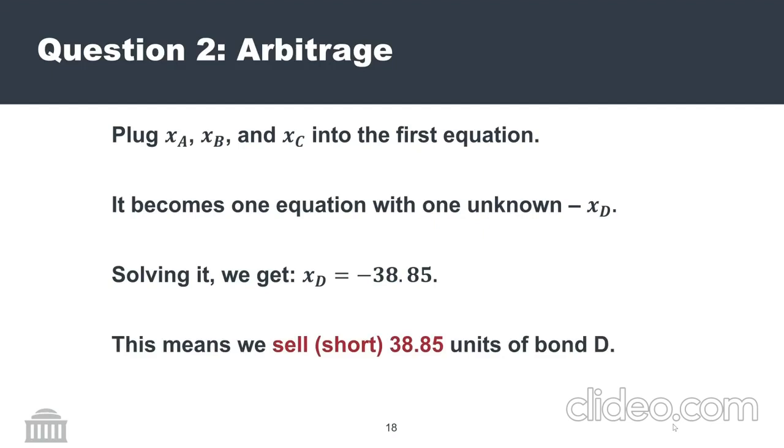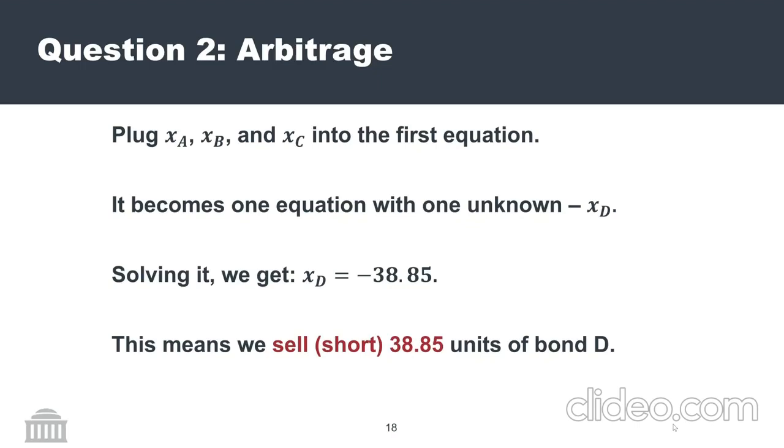What this means is that we are selling, or shorting, 38.85 units of bond D. Here I implicitly assume that I can actually trade fractions of the bond, so I can buy any fraction, in this case 0.85 of a unit.